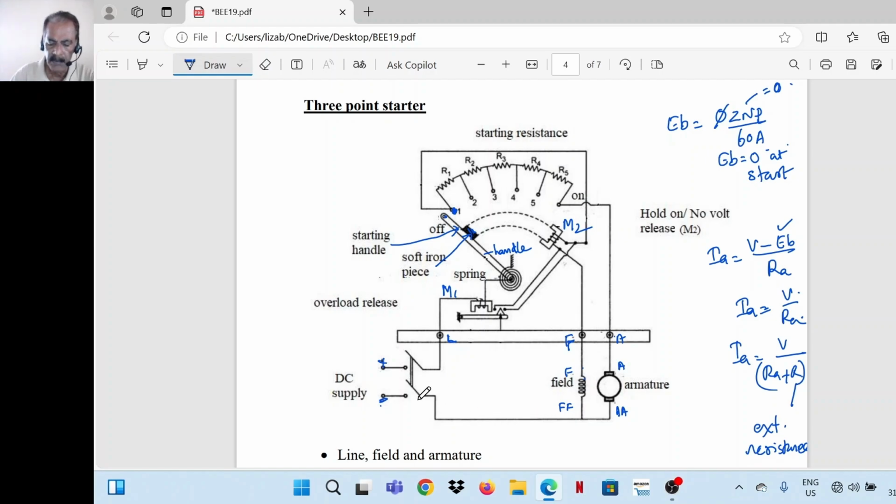So current passes through the field winding as well as the armature winding. But across the armature, the voltage will be less because of the presence of these series resistors R1 plus R2 plus R3 plus R4 plus R5. All these resistors are coming in series with the armature. So the voltage across the armature will be less. So armature current is limited.